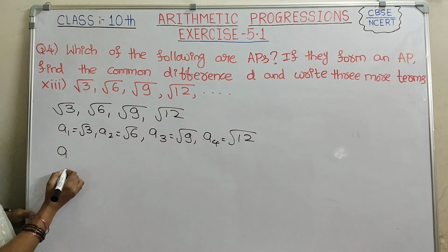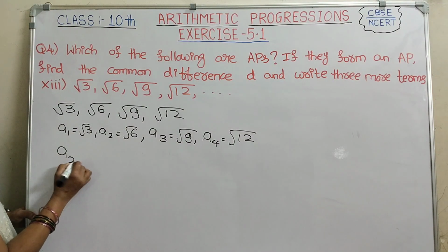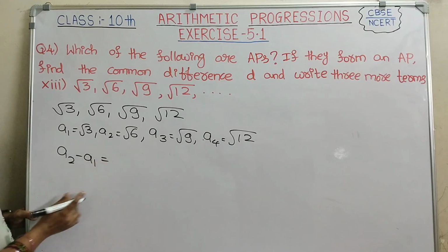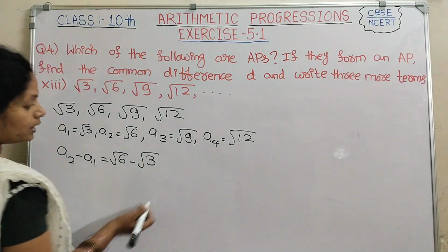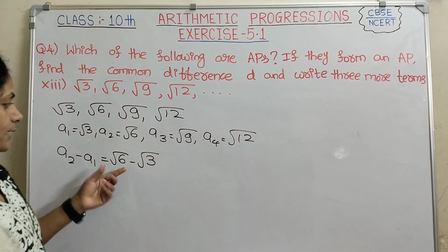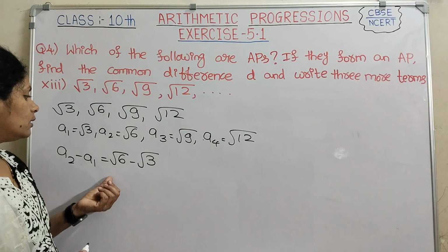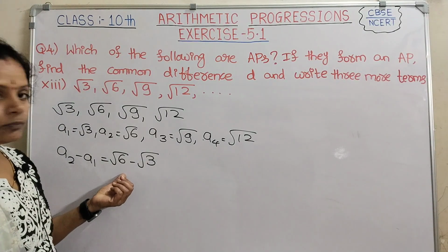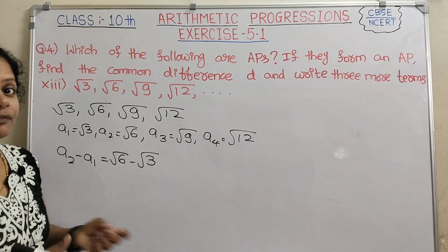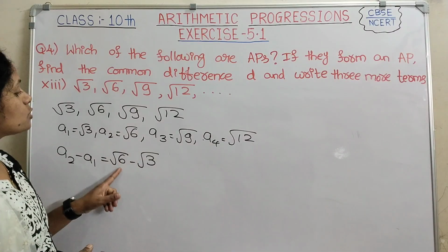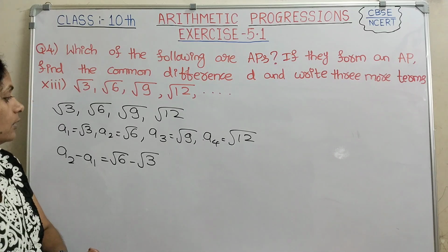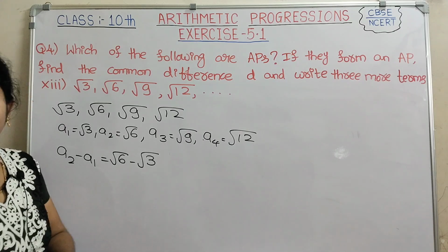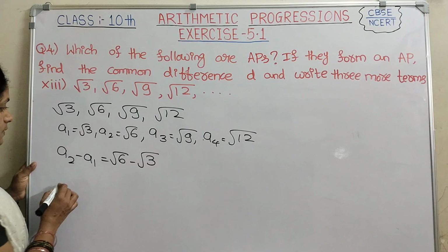If we do A2 minus A1, A2 is the root 6 minus root 3. Here we can't simplify it, because it is not the perfect square of anyone. Root 6 can be written as root 2 into root 3. So we can't do any further simplification of this. We have to leave it as it is.